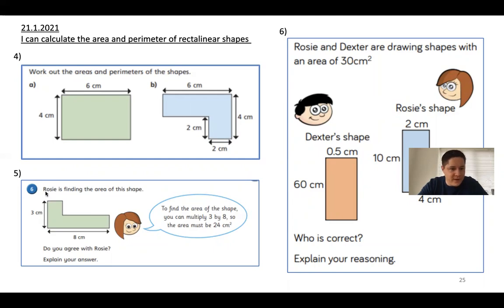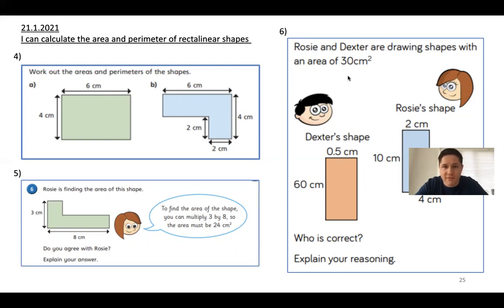Okay, number 5, Rosie is finding the area of this shape. She says to find the area of the shape, you can multiply 3 by 8, so the area must be 24 centimeters squared. Do you agree with that? I'm not so sure, but why? Then the last one, Rosie and Dexter are drawing shapes with an area of 30 centimeters squared.